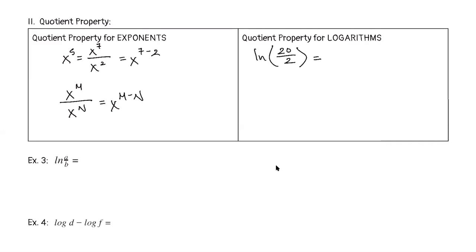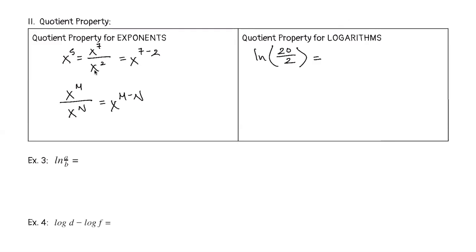How do you suppose I could write that with more than one log? ln 20 minus ln 2.